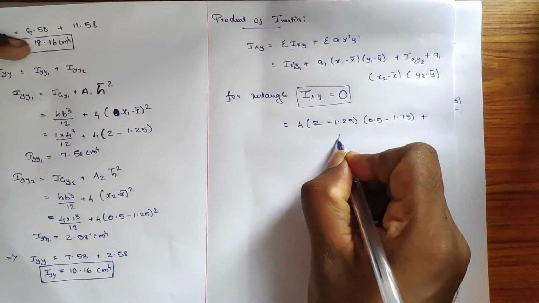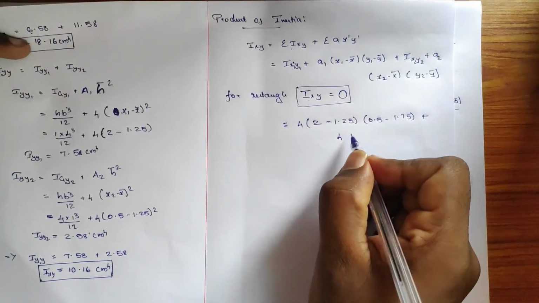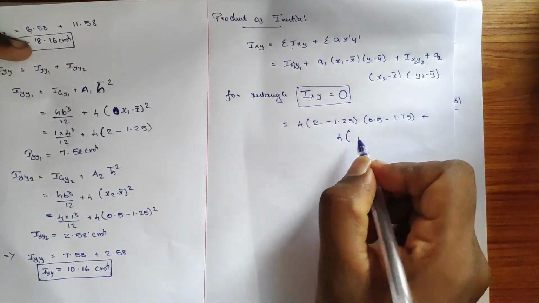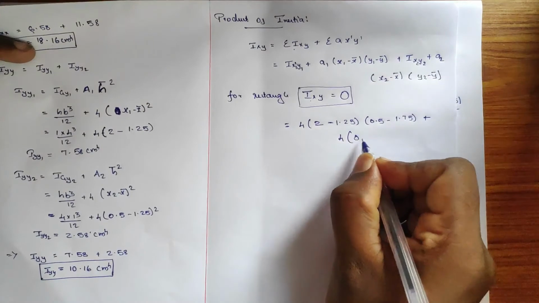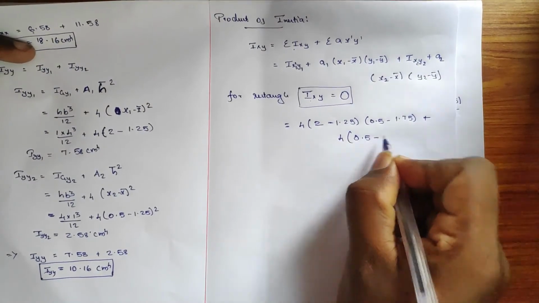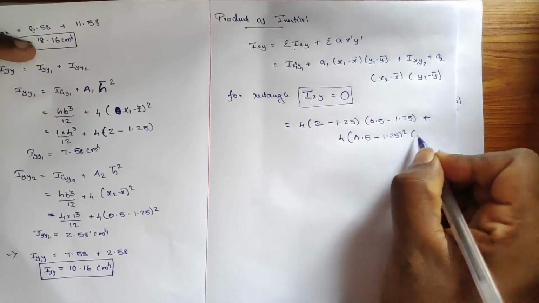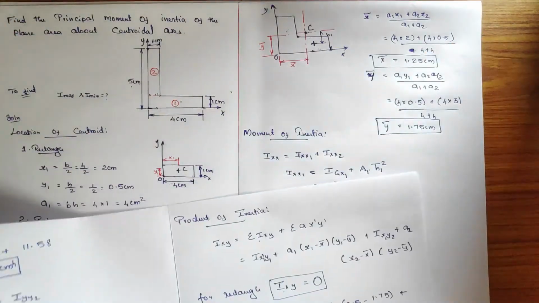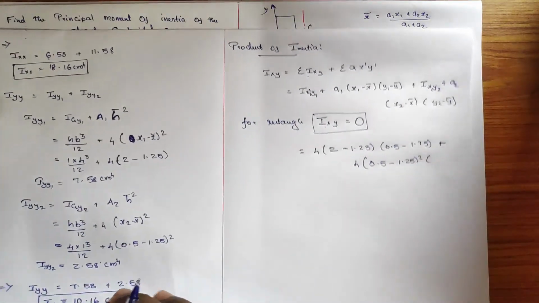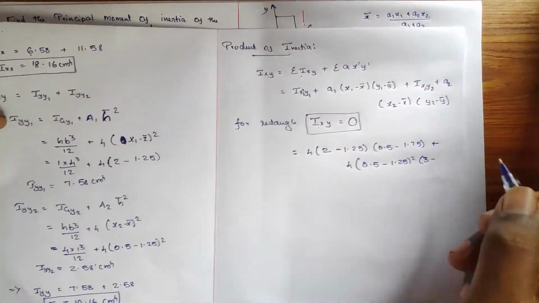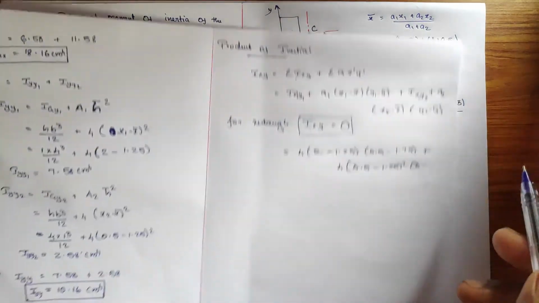For the second component, A2 is 4, and X2 minus X bar we have already taken here. So I am going to write X2 minus X bar into Y2 minus Y bar. Y2 value is 3 minus the Y bar answer, 1.75.